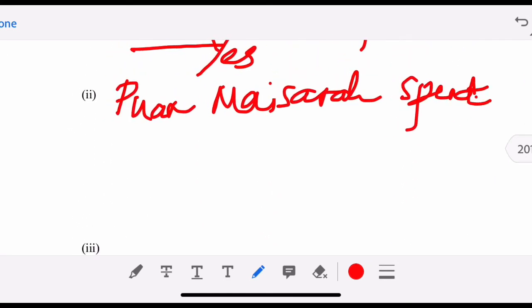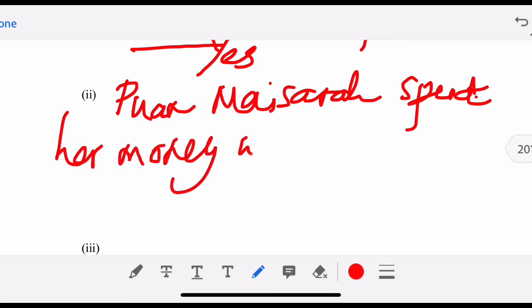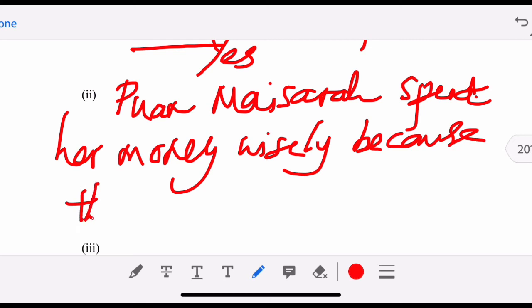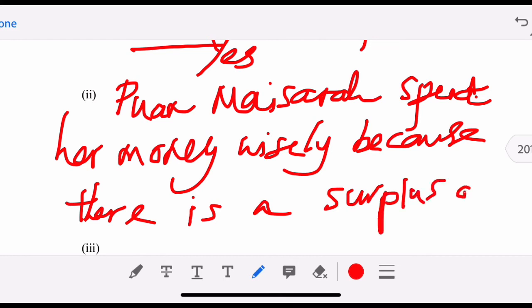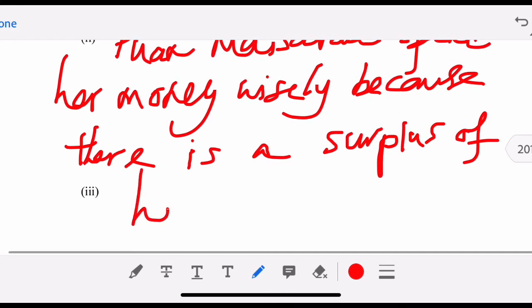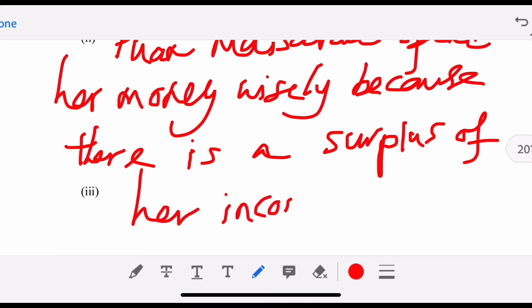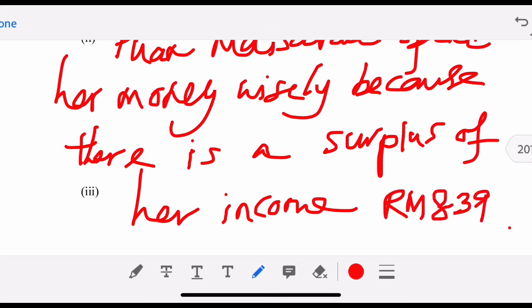Okay, spend her money wisely because there is a surplus of her income, RM839. Okay, so that's how you explain your answer.